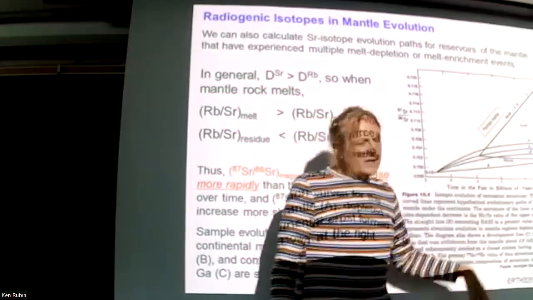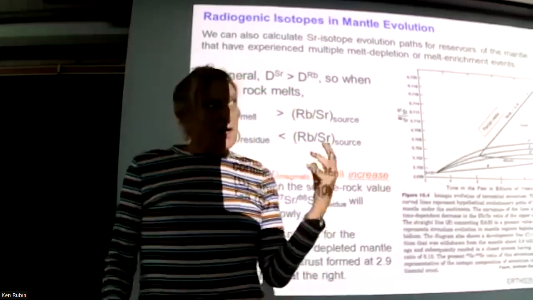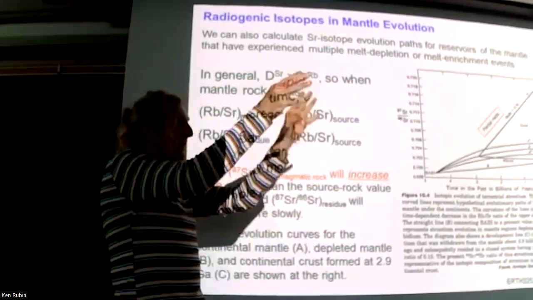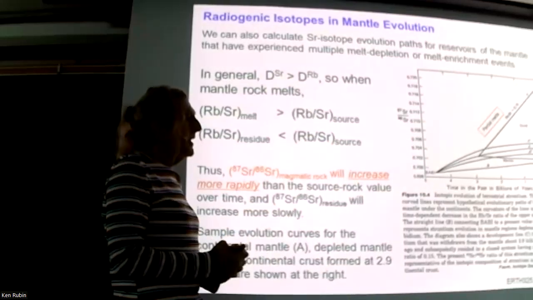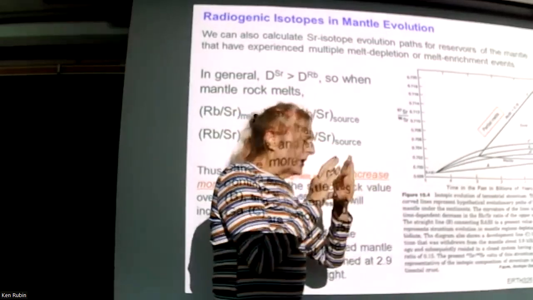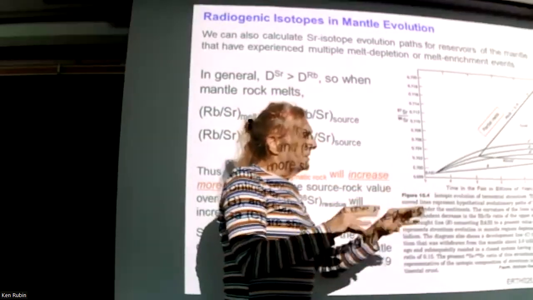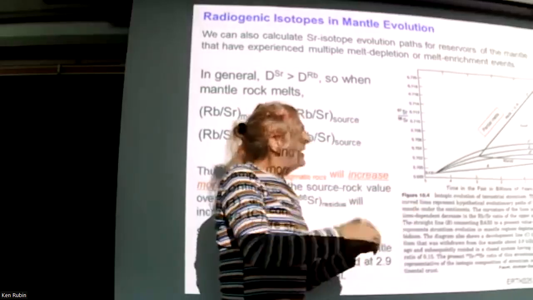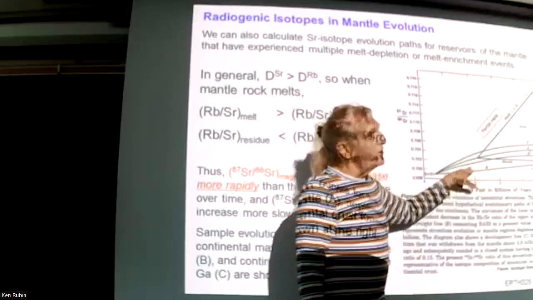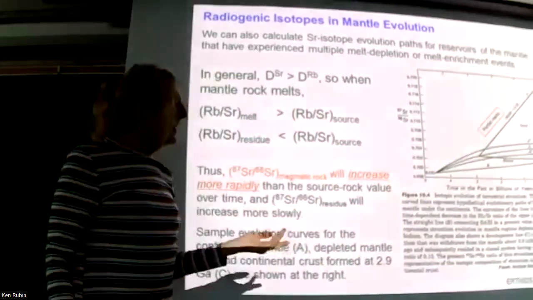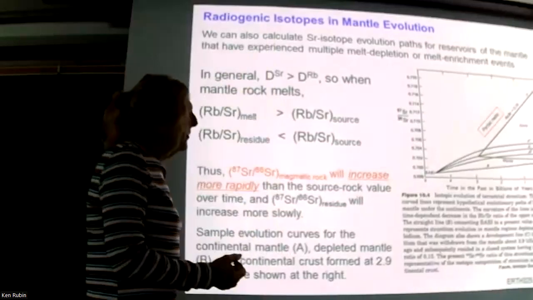Think about where this would apply when we talked about the formation of an early crust and the removal of potassium into that crust from the silicate mantle. We at that time talked about the formation of what was considered a primordial bulk silicate mantle and a depleted mantle that was left behind, the residue of that. So B would represent the residue. A would represent something that had a high rubidium strontium ratio, and we can use various ratios for that.